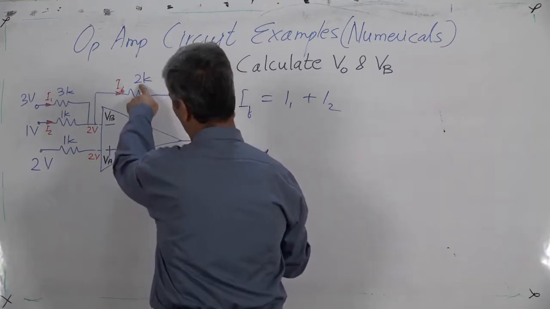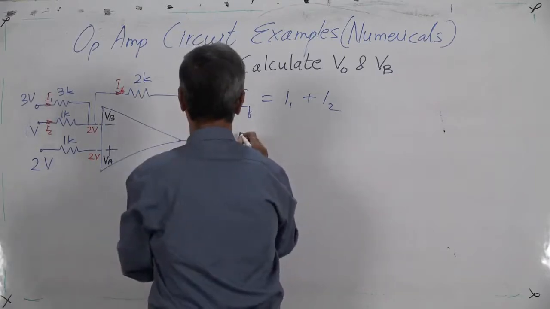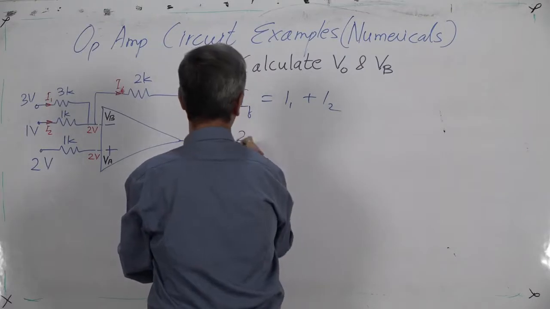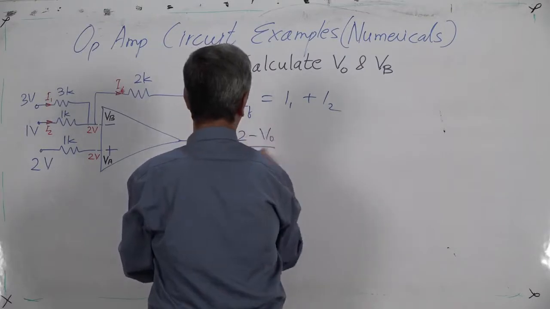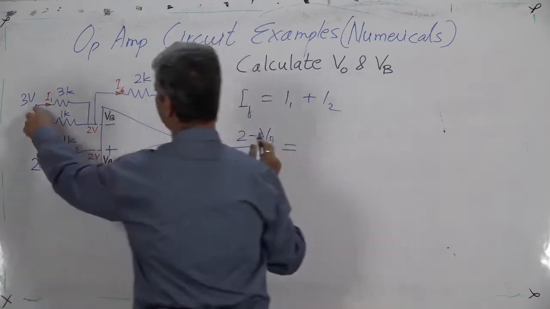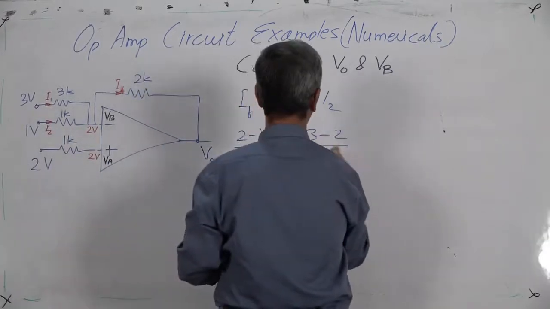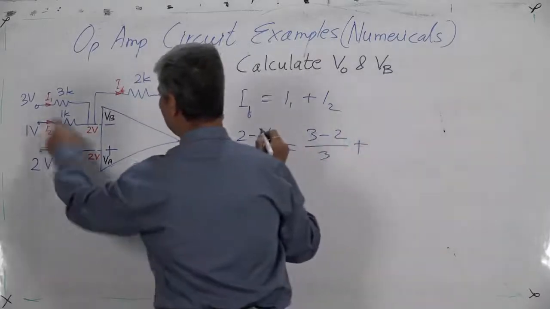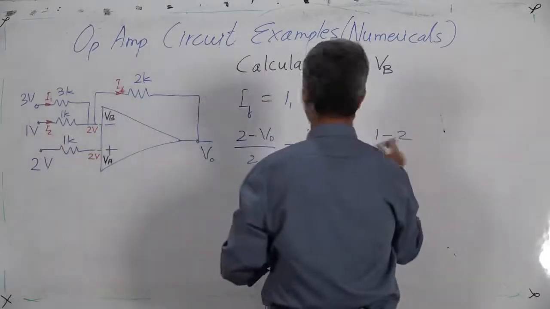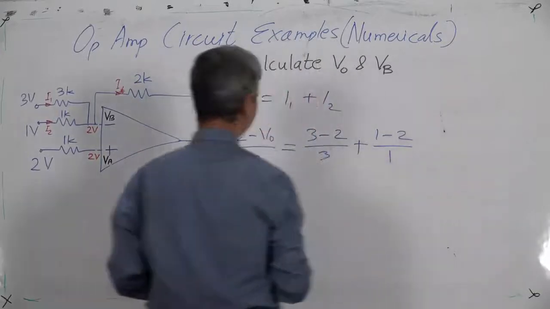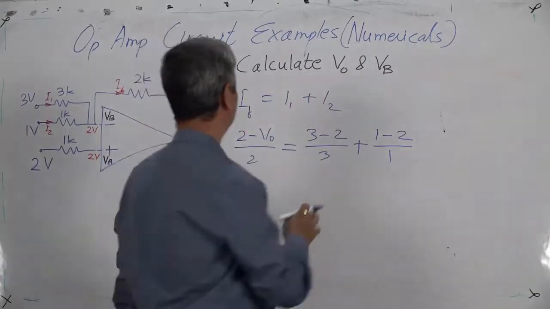I will not use kilo ohm now. So VB, that is 2, minus VO upon 2 is equal to 3 minus 2 upon 3 plus 1 minus 2 upon 1.